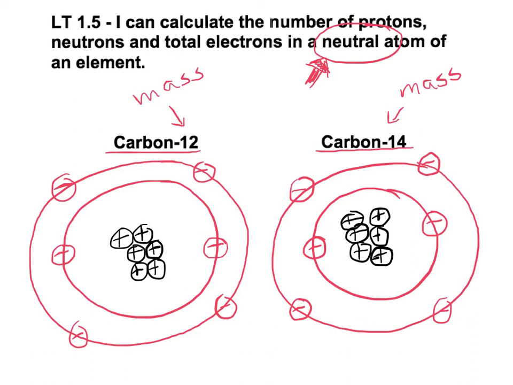The last thing I need to do is figure out my neutrons. How do I figure out my neutrons? Well, what I should know is that the total mass of my atom is my protons plus my neutrons. And that will get me my total mass.